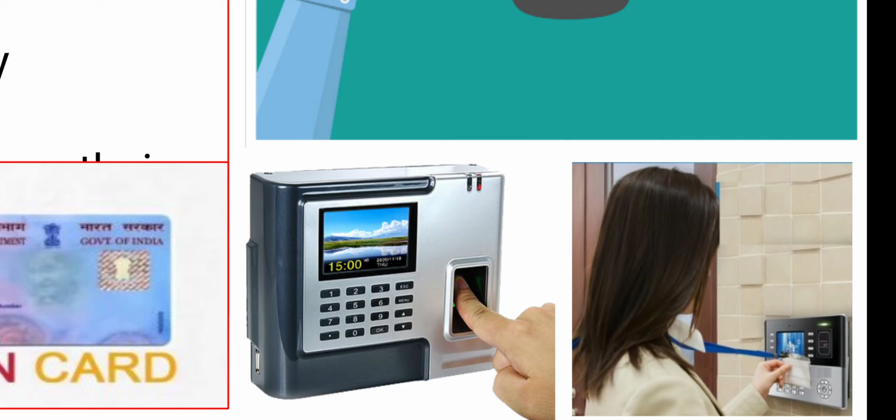They'll go for this RFID card. As you can see, a staff member is showing her ID card to the biometric machine. That biometric device will recognize who that particular person is, because all the details are already fed into that biometric system.